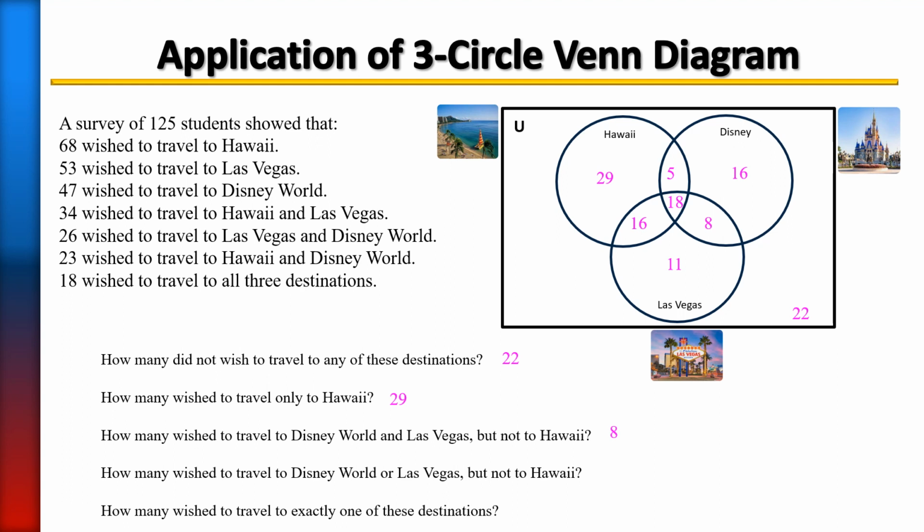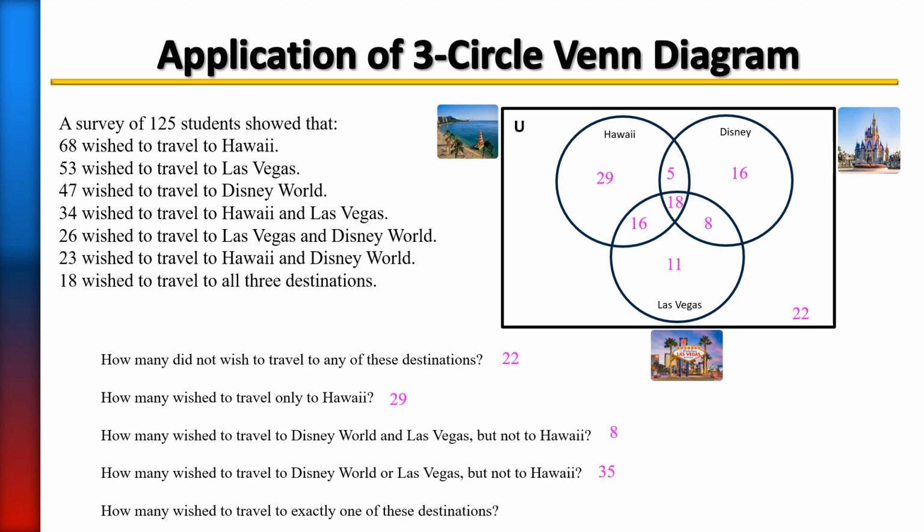You're going to have to add them up, Disney and Vegas. So that would mean everything in that region, but remember, not Hawaii. So don't get any of Hawaii's numbers. So we would have to add the 11 plus 8 plus 16 to give us our total there of 35.